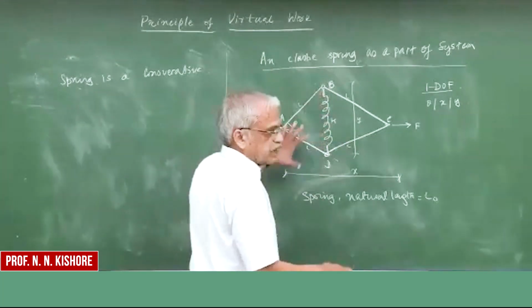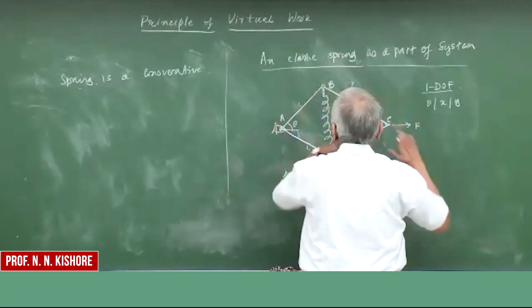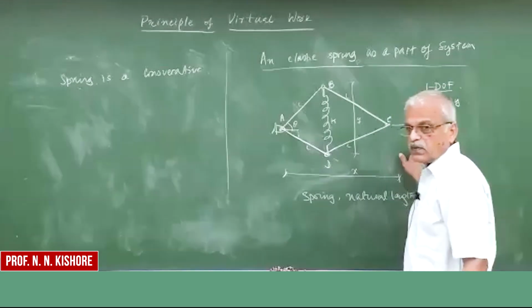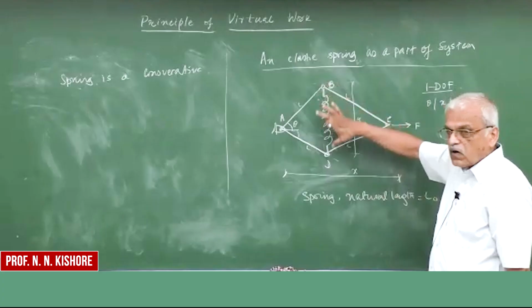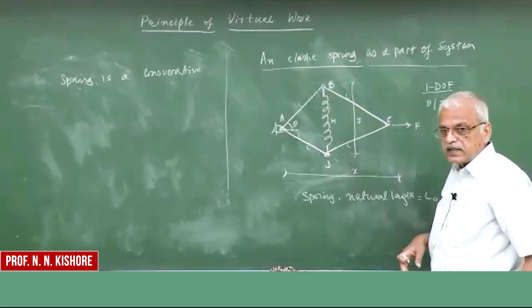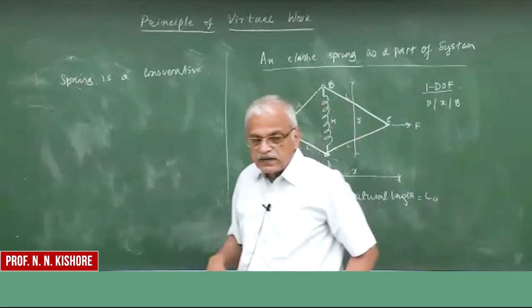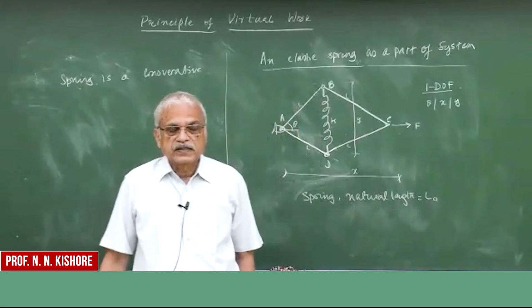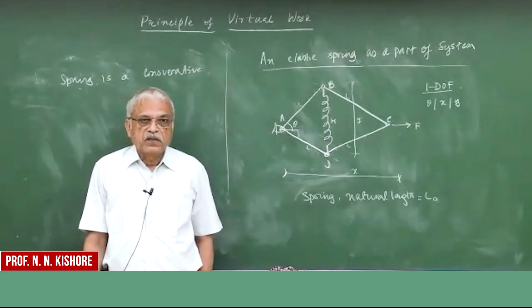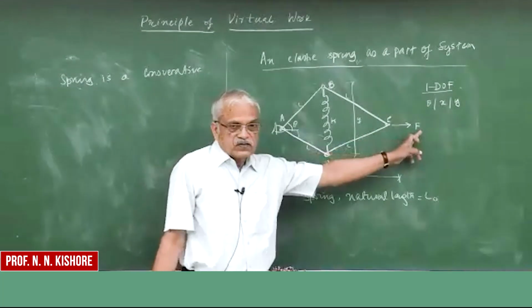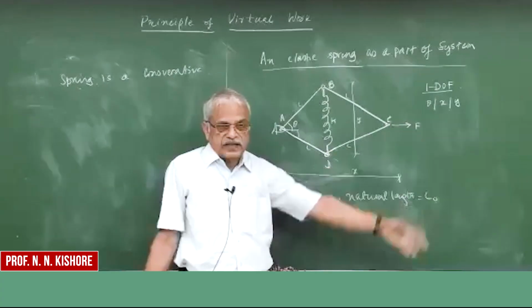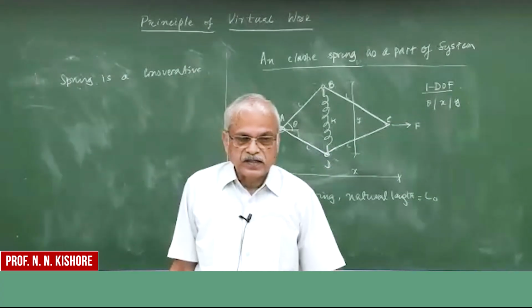So what is that here? If you look at these ABCD links, whatever you apply here, a small perturbation in x will cause a change in the length of the spring. If you have a change in the length of the spring, there will be a change in the potential energy, right? F is non-conservative, because it cannot be derived from any potential energy function.